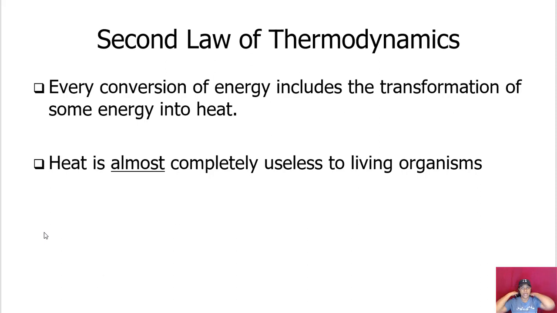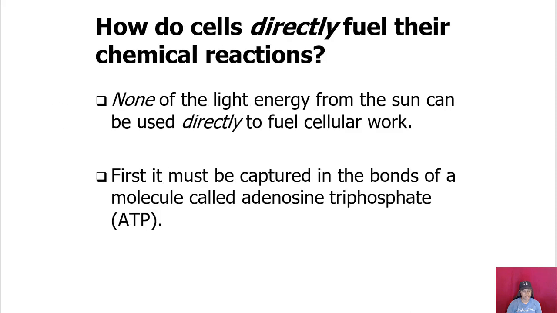That's why we sweat, so that we can evaporate the water. When it evaporates, it takes some of that extra heat away, so that we stay within a certain temperature within our body. So, second law of thermodynamics, every conversion of energy includes the transformation of some energy into heat. So we always have this loss to heat.